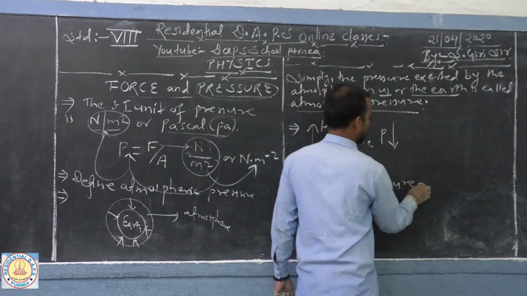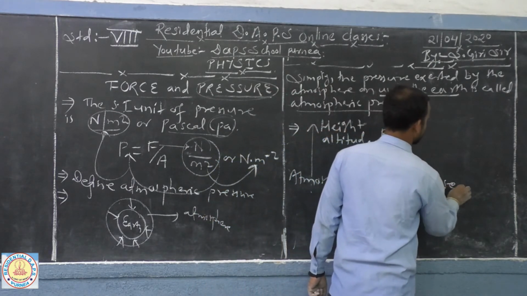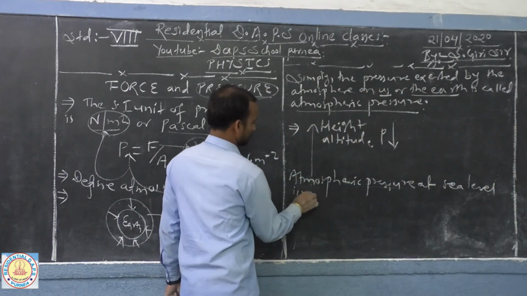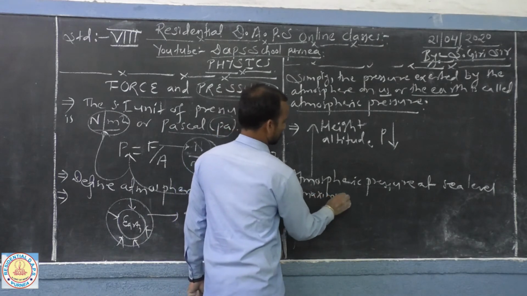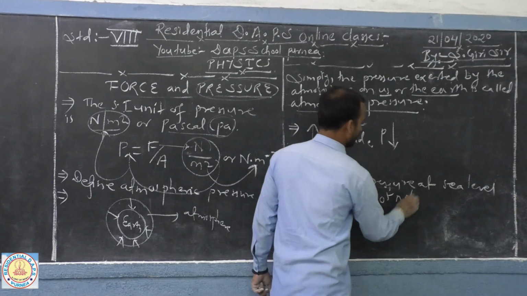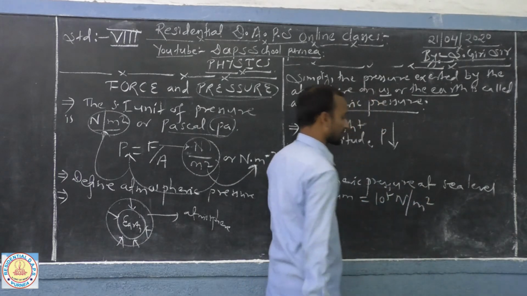Atmospheric pressure at sea level is maximum, nearly about 10 to the power 5 Newton per meter square.